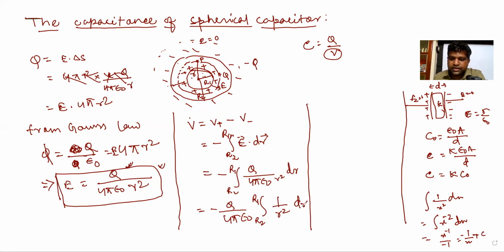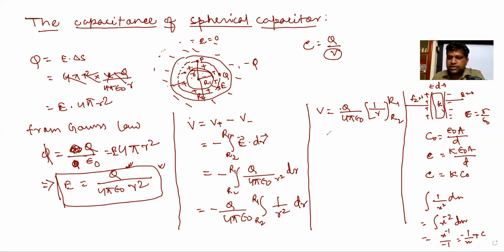So V is equal to, with minus minus becoming plus, Q by 4 pi epsilon naught, and this is minus 1 upon R, so with the minus already taken as plus, this is 1 by R, from R2 to R1.